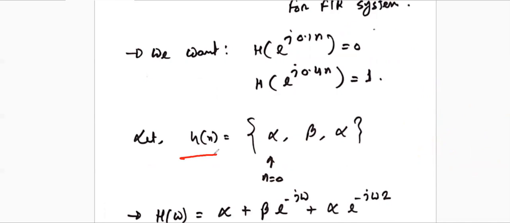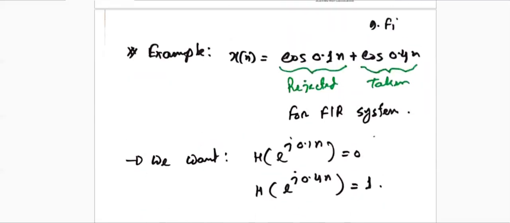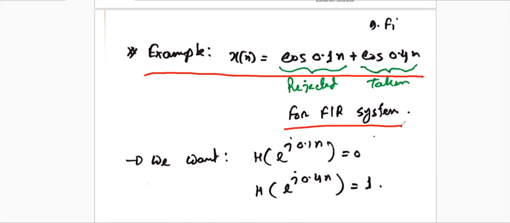I can tell you that designing a filter is always a trial and error method. There are no hard and fast rules all the time, especially for the FIR system. That is why it is given here as an example for an FIR system. In case of an IIR system, there are some rules to design the filter.